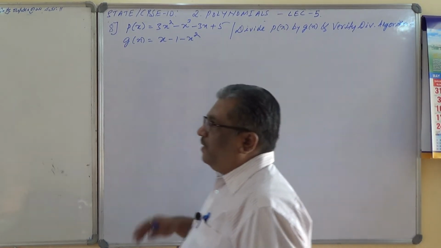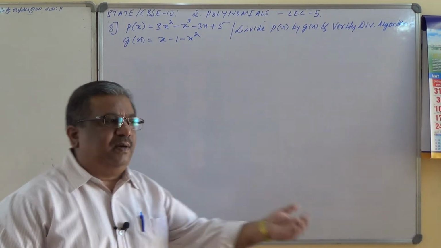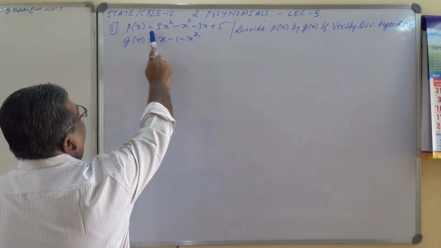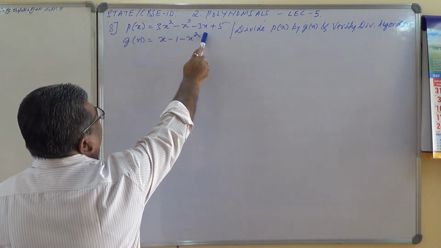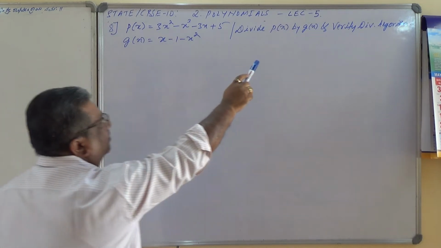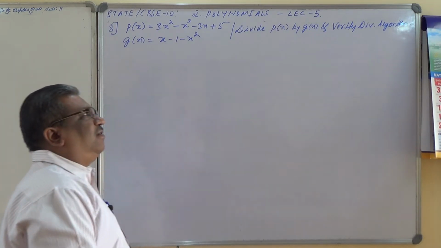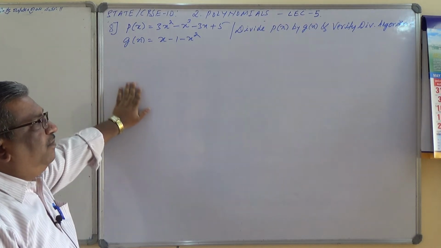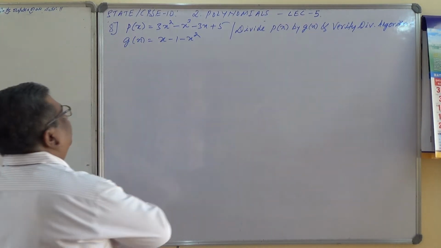Now let me take one more example. Example number 8 of your textbook. Here the question is p of x equals 3x square minus x cube minus 3x plus 5, and the divisor is given. Divide p of x by g of x and verify the division algorithm. This is the given question. Let us find out.